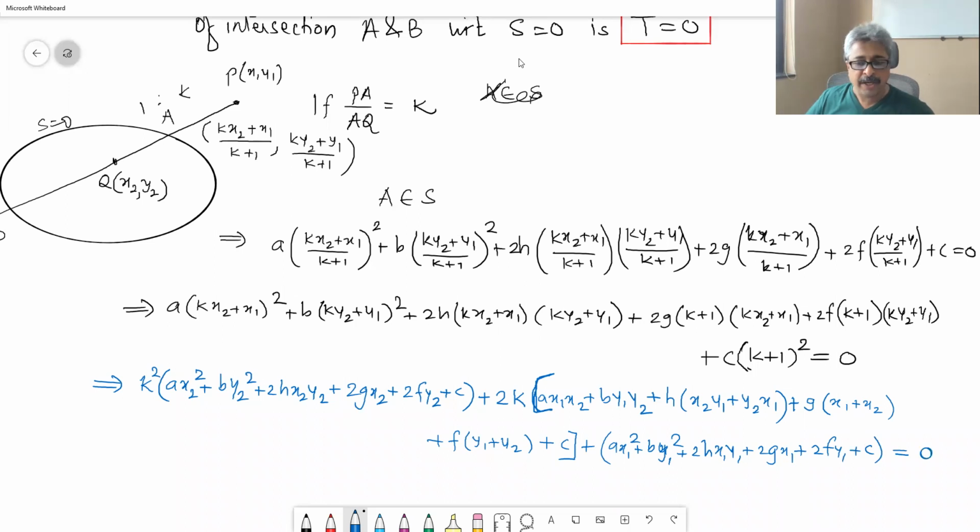Instead of writing it in such a long fashion, we can write this as S1. Now, this bracket is not going to be 0 because Q is not on the circle S. As a special case, we will discuss later.